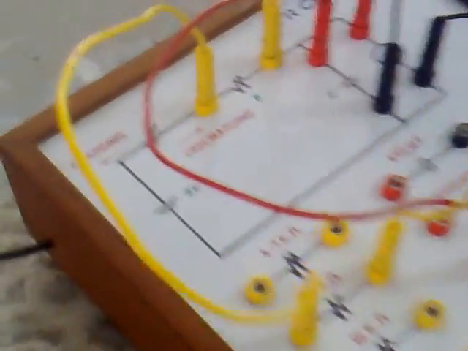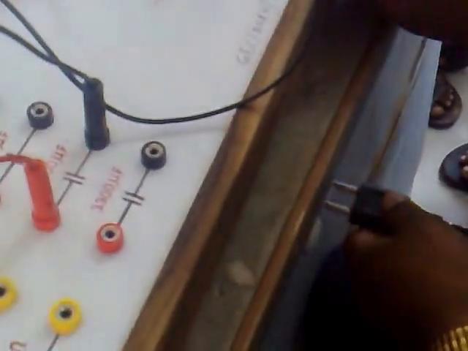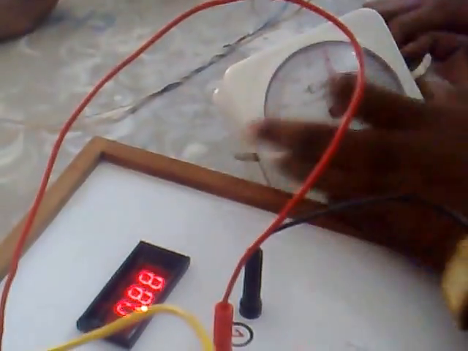First of all, put it in the discharging mode. Let us switch on the power. Get ready with a stopwatch, switch on and throw it into charging mode.